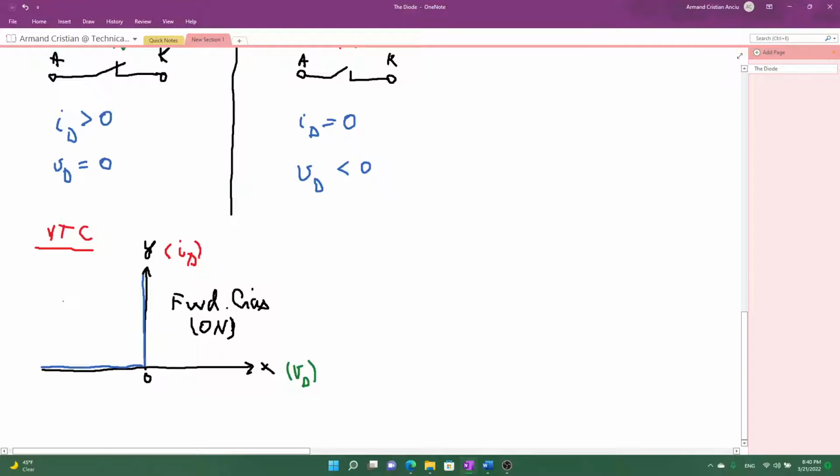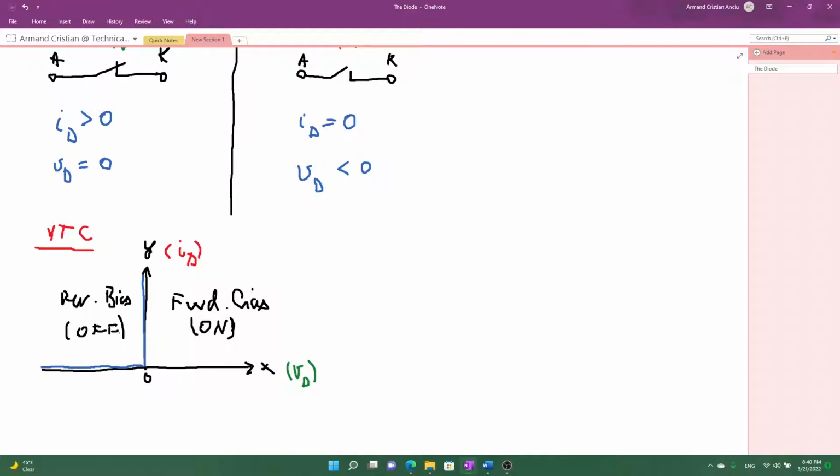And to the left we have the reverse bias, where we consider the diode to be off. So these are the two states of the diode, and generally speaking, this is the voltage transfer characteristic.